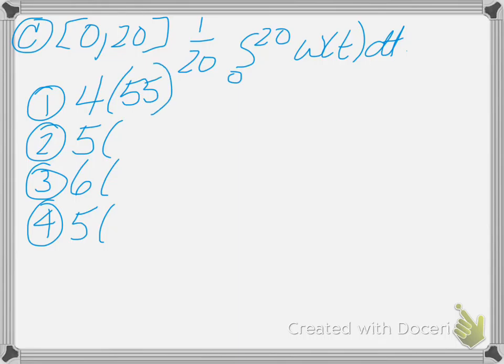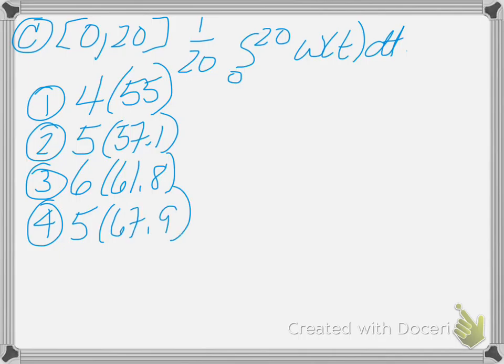From 4 to 9, you use the one for 4, which is 57.1. From 9 to 15, you use the y for 9, that's 61.8. And from 15 to 20, you use the one for 15, which is 67.9.